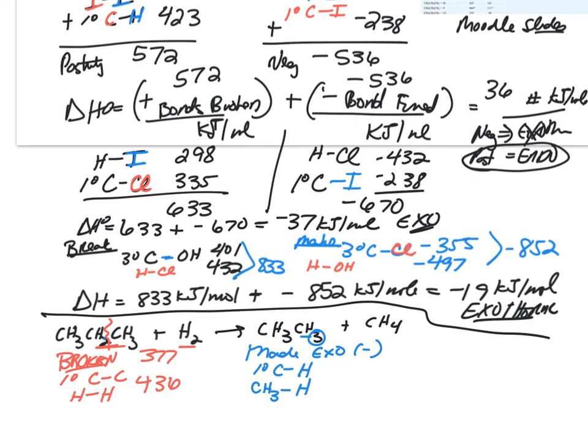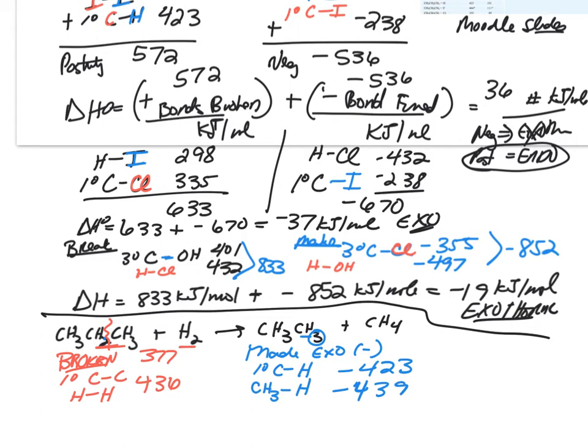Okay, so the exothermic then, we're making a primary carbon-hydrogen bond, which is the top one of the primary carbons, which is 423. So that's negative 423 kilojoules per mole. And then we also have a methyl carbon-hydrogen, which is the top, and that's going to be a negative 439 kilojoules per mole.